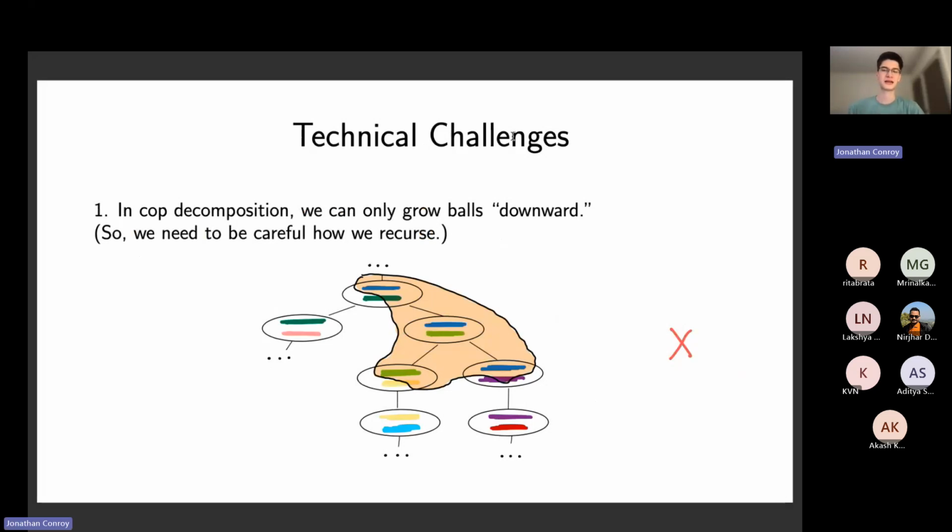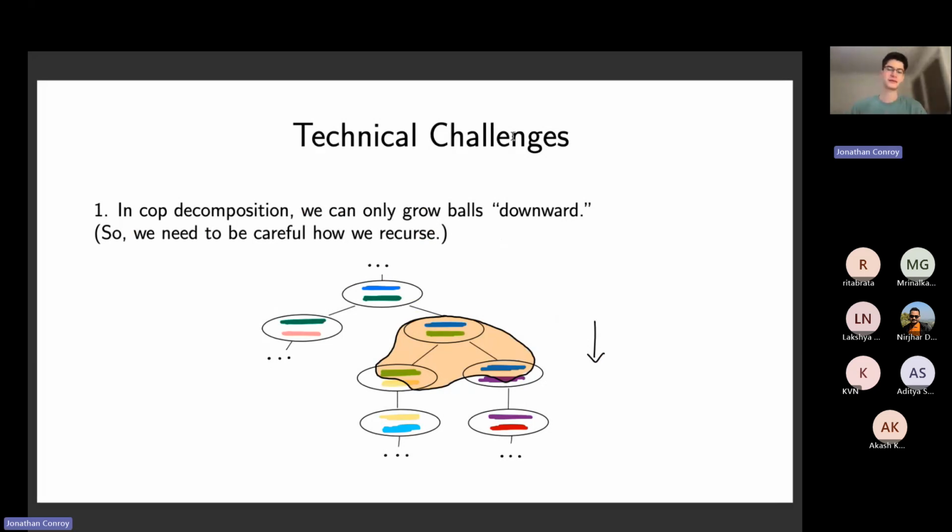Basically, this means it's only safe to grow balls downward into the graph with which you are a shortest path with respect to. So this is not something that you can do. You can only grow downward. And that means that if you just try to recurse on all of the connected components after removing this ball, not every ball of radius delta by 10 need be covered.